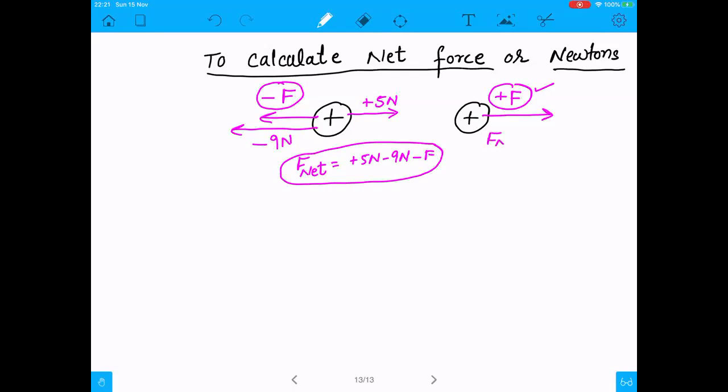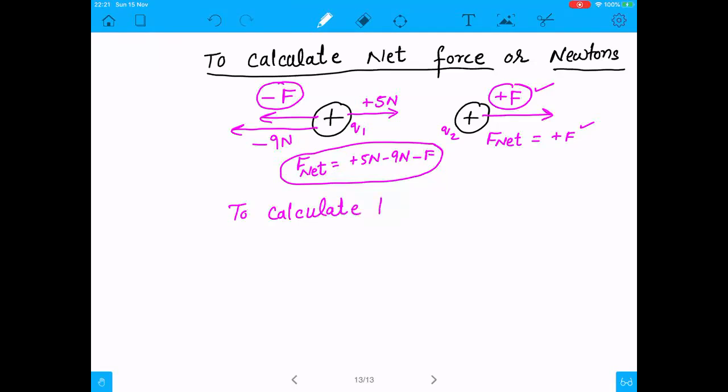Even if you calculate F net on Q2, for example, this was Q1 and this is Q2, F net on Q2 would be positive F. So when you calculate net newtons, go with right and left. The direction towards right in A2 will be given a positive sign, and the direction towards left will be given a negative sign.